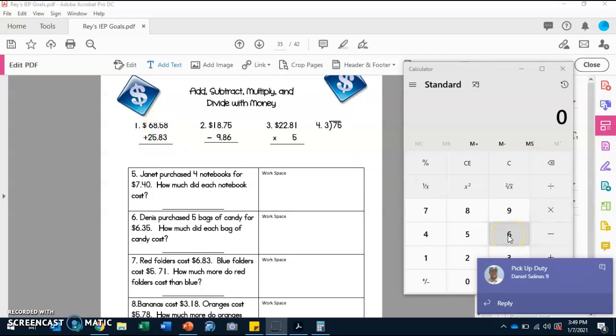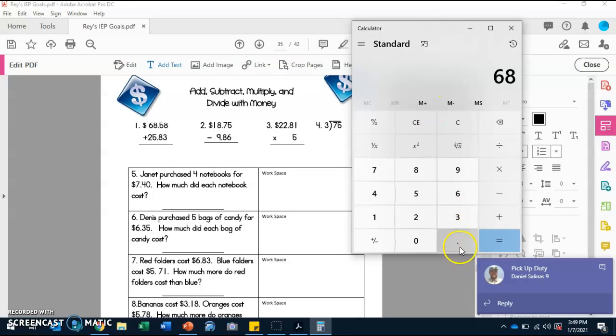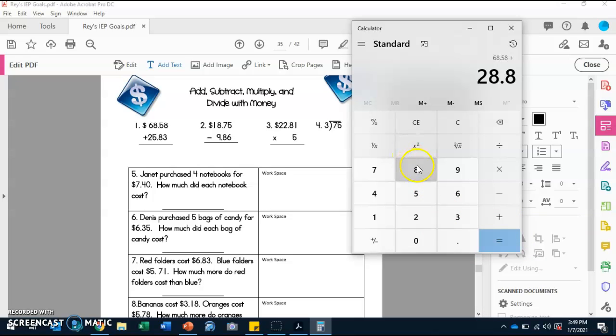So let's begin adding. So it's 68.58 plus 28.83, and it gives us $97.41.